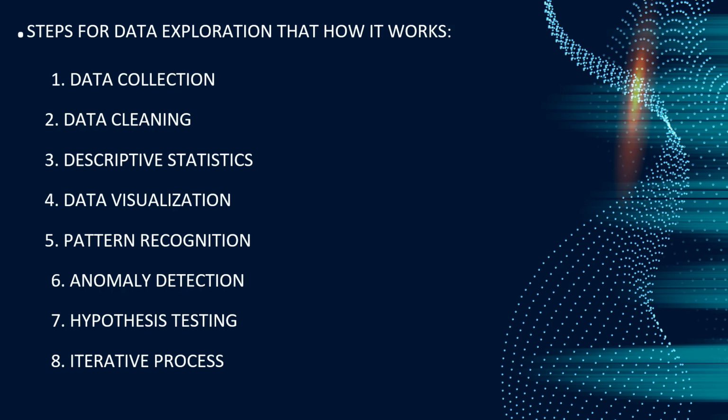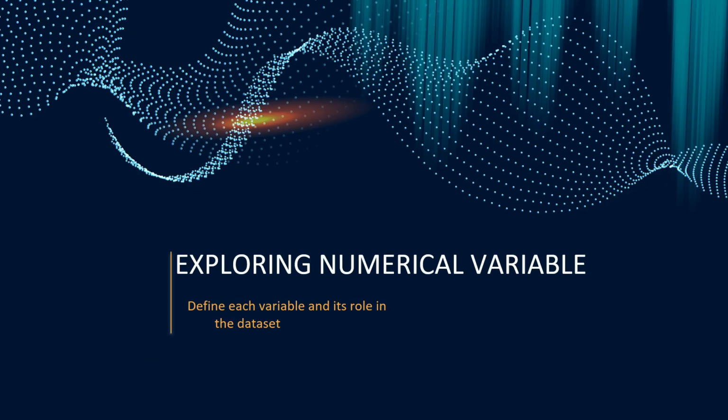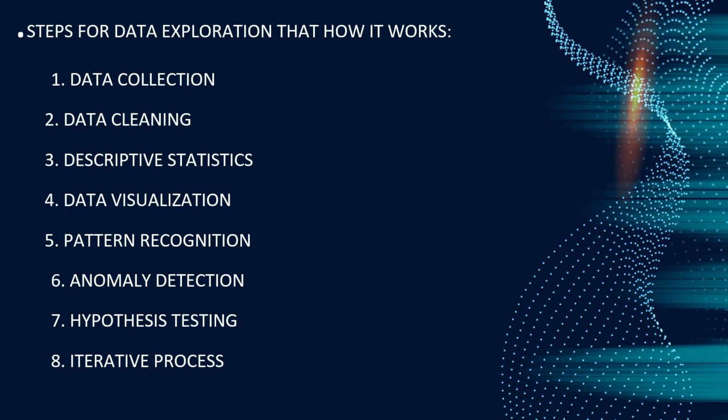Next, let us see descriptive statistics. Analysts use descriptive statistics to summarize the means, medians, standard deviation, and correlations to gain an initial understanding of the data. Next is data visualization. Visualization tools like charts and graphs represent the data visually.